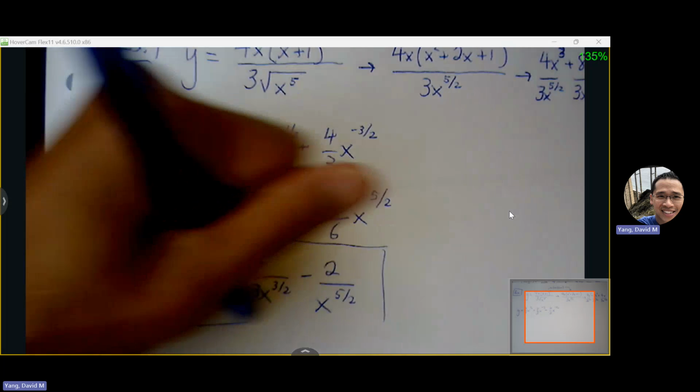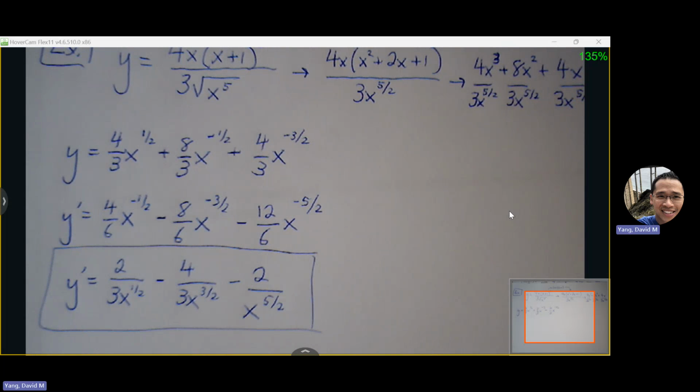Okay, double check my work. Is that what you guys are getting? Yeah, this is the most labor intensive problem on the quiz.